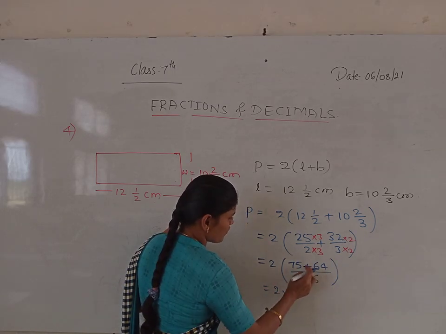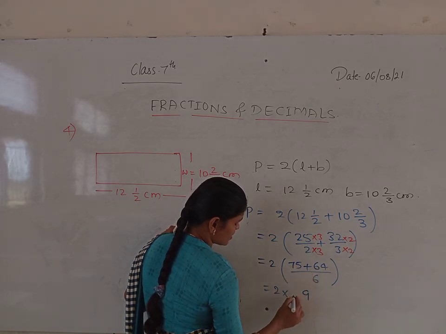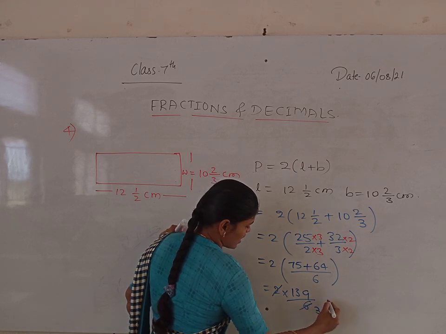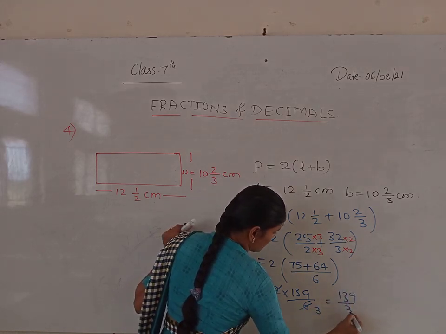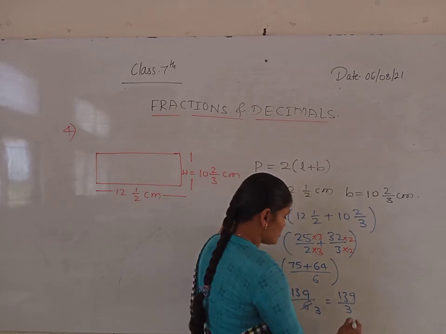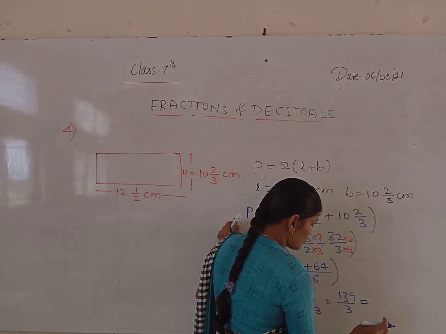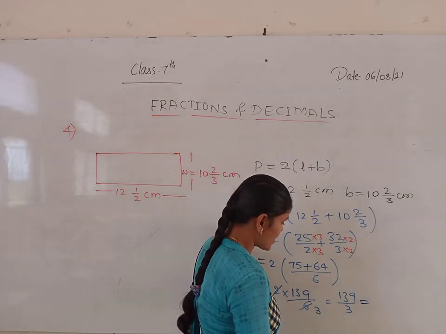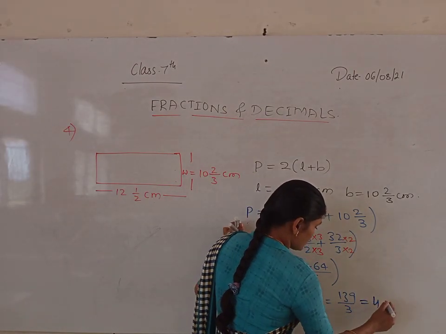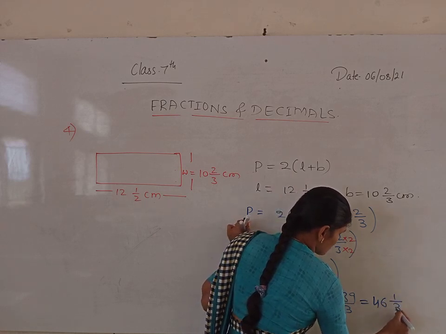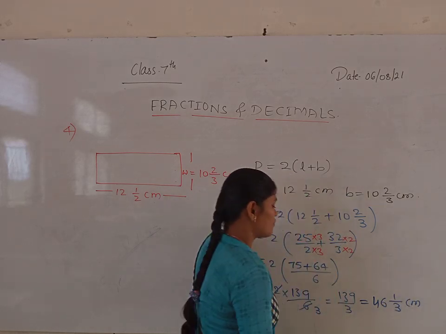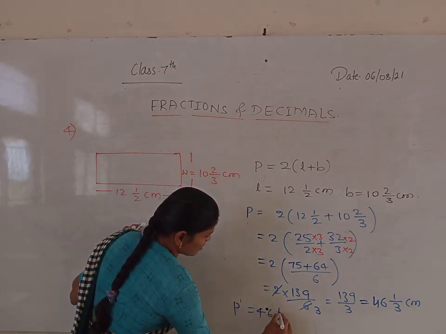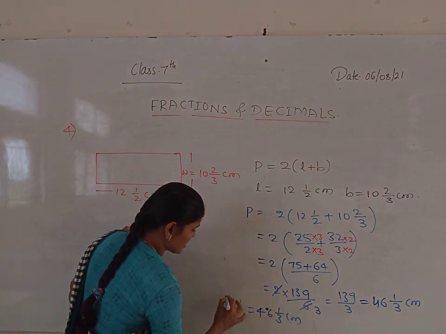That gives 139 by 6, so 2 into 139 by 6 is 139 by 3. Does it cancel? No, it does not cancel, so you can write it in mixed fraction form. 3 46s are 138, remainder 1, so 46 integer 1 by 3 centimeter. It is the perimeter of the given rectangle.